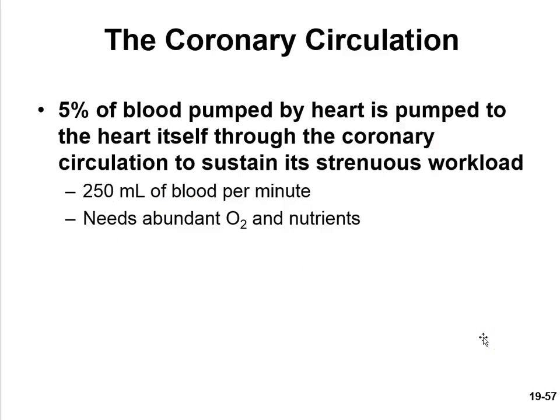5% of the blood pumped by the heart is pumped to the heart itself through the coronary circulation. That's the network of blood vessels that serve all of the myocardial tissue of the heart. That heart pumping action takes oxygen and nutrients and removal of waste, just like any other tissue of the body.